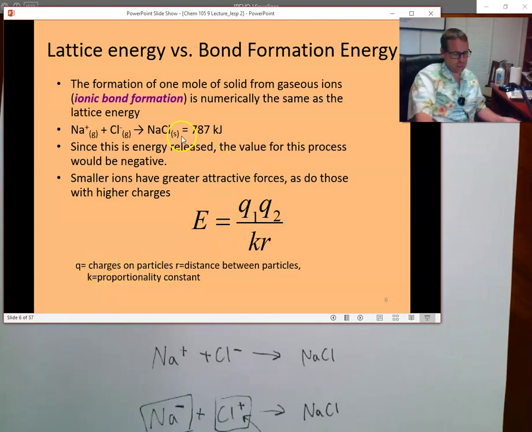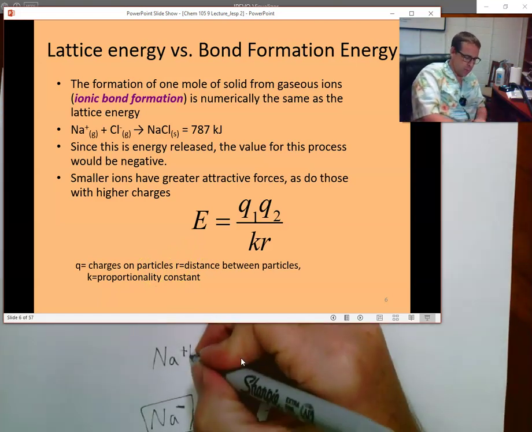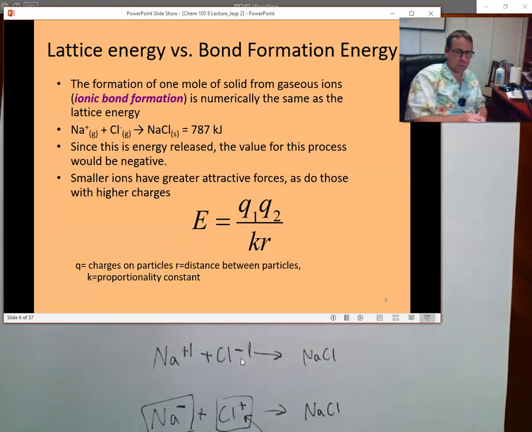The charge on my sodium is a +1, just 1. The Q on the second particle is a 1 as well. It doesn't matter what the symbol is there, it's just the number. So it's 1, 1. There's a proportionality constant to convert these charges and distances to energy.